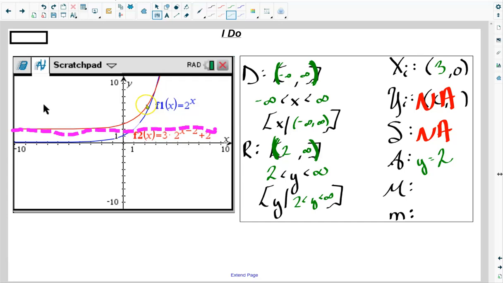We don't have a maximum point. So in this case, we're going to say same thing, NA. And is there a minimum? Now, although this line never touches 2, it keeps getting lower, lower, lower, so there is technically not a minimum either.